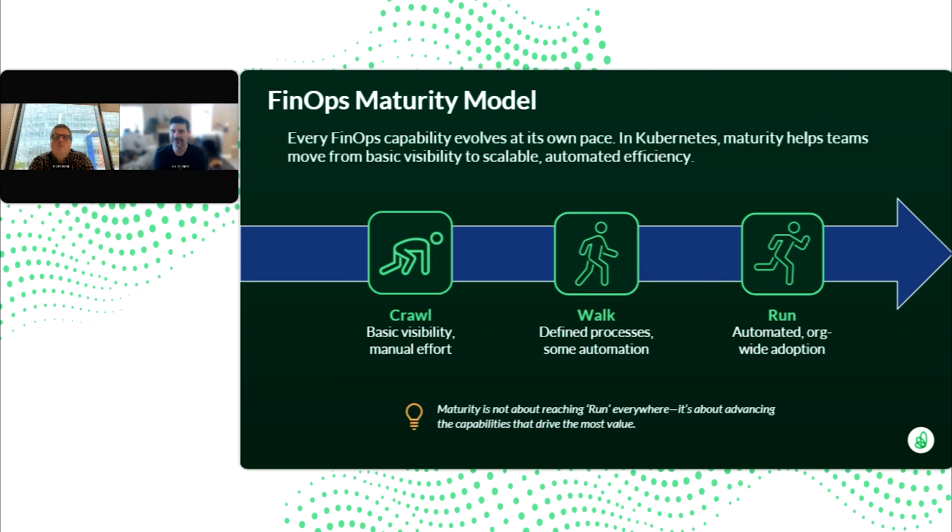So in Kubernetes, you might be crawling as it relates to something like sustainability, which is one of the emerging capabilities within the FinOps framework. But when you look at things like cost allocation, you may very well be at the run phase. So you can have different maturity levels for different capabilities, and that's actually okay.